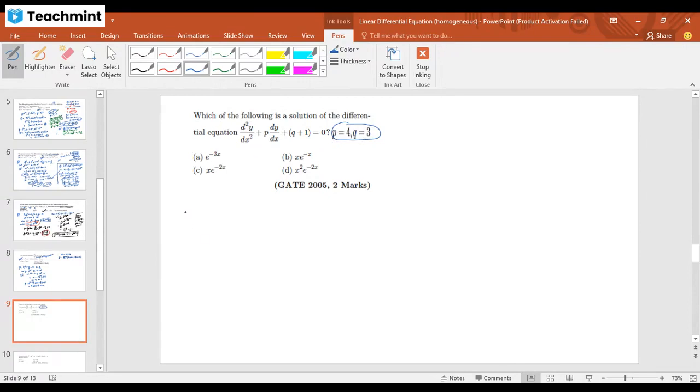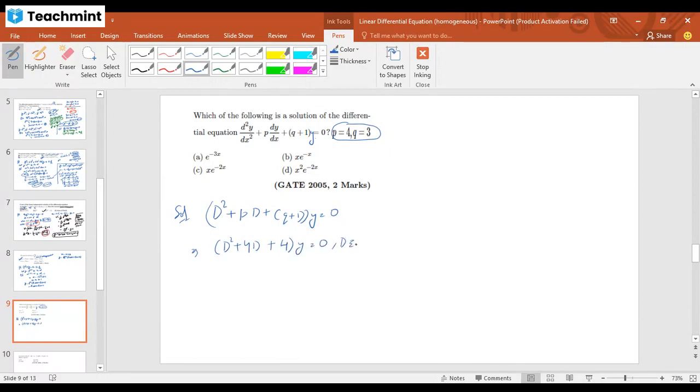So it means that your differential equation can be rewritten as D square plus p times D plus q plus 1 times y, here basically y is missing, equal to 0. So I can write it as D square, p is given as 4 and q is given as 3, plus 1 is 4, times y equal to 0.